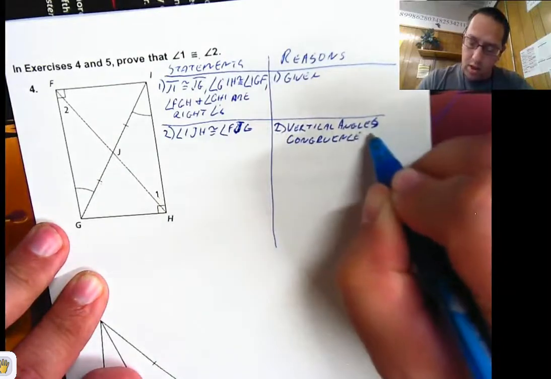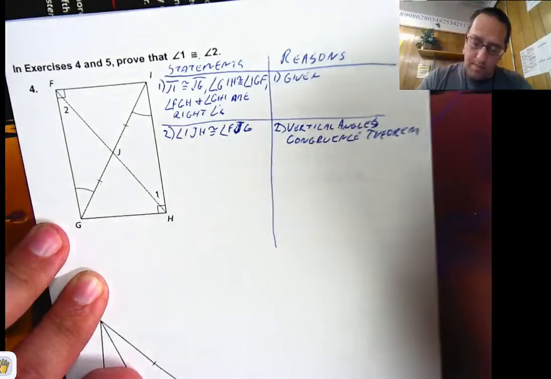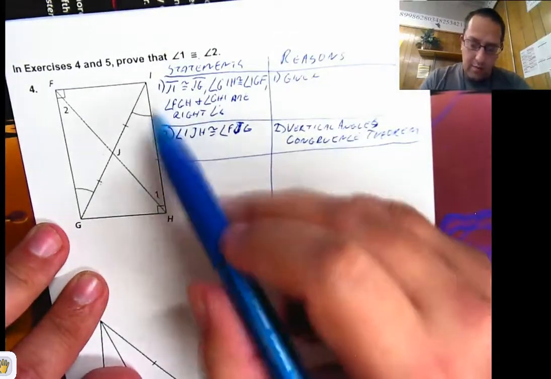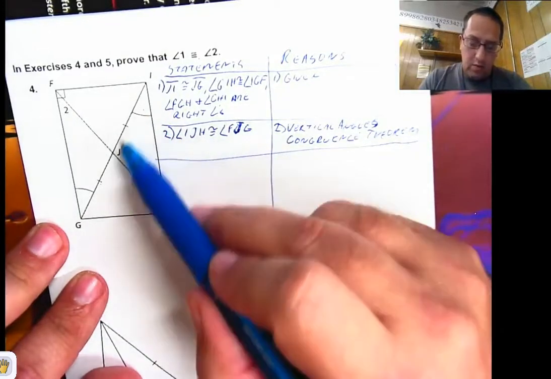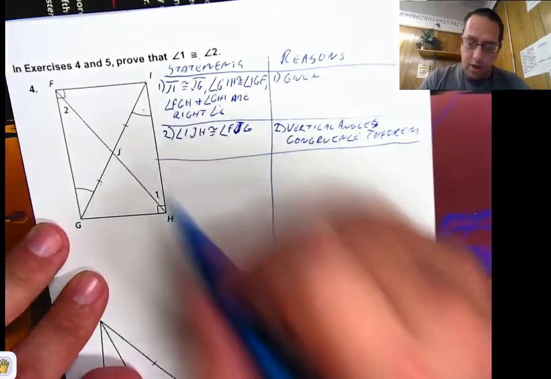Okay, so that gives me one angle, one side, and then another set of angles in both triangles, and so my triangles are congruent.